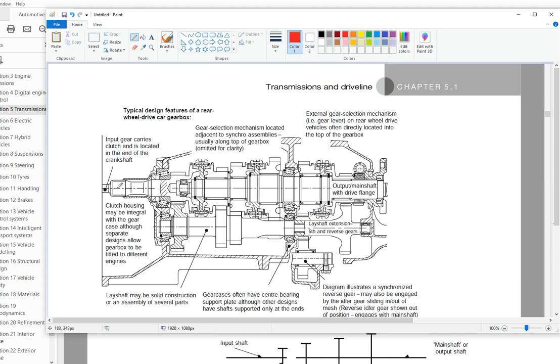So the way it goes, it's like so, and this is the first pair of gears meshing, lay shaft, and then we go here to the wheels, and there is where we have the final drive, the differential, inside of the differential.